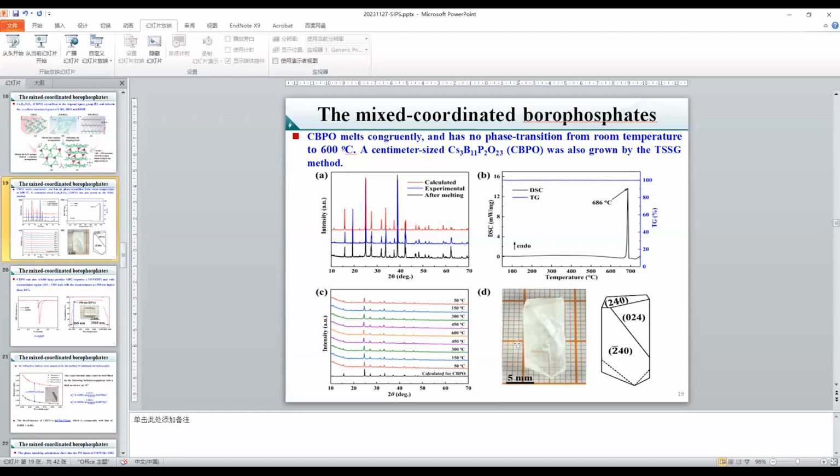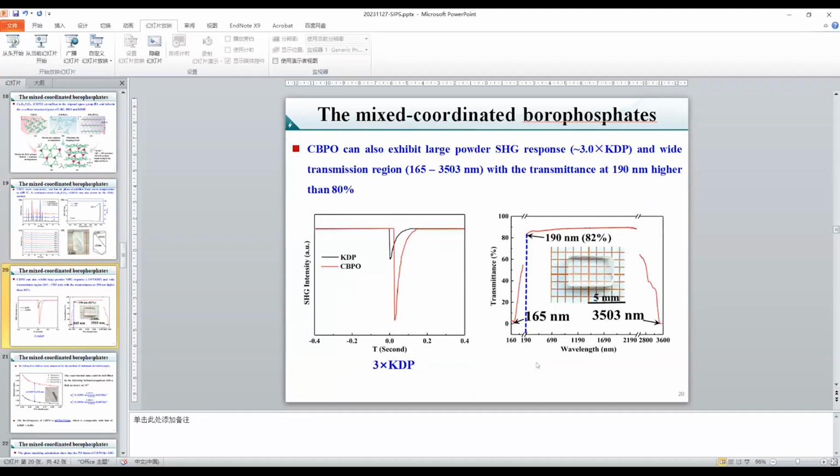So through the TSSG method, we can grow centimeter-size crystals for this compound. We can see the thickness for this compound is around 8 millimeters. So it totally overcomes the problem of KBBF. And we also measured its SHG response. The SHG response for this compound is around 3 times KDP, but for KBBF, it's just around 1 times KDP.